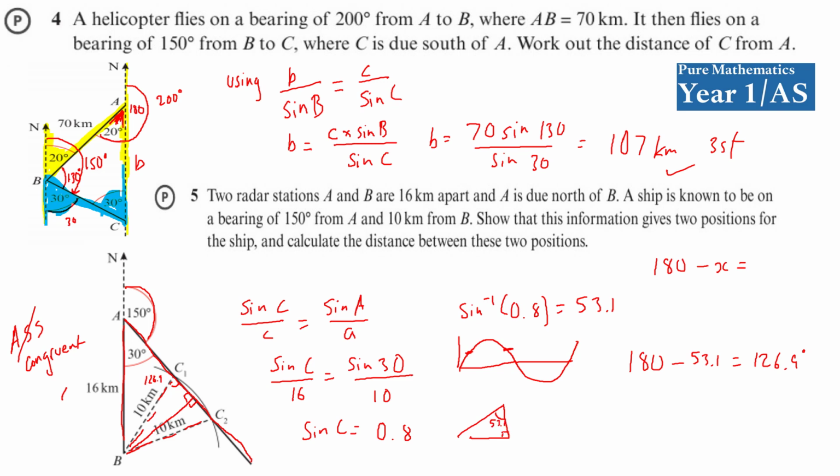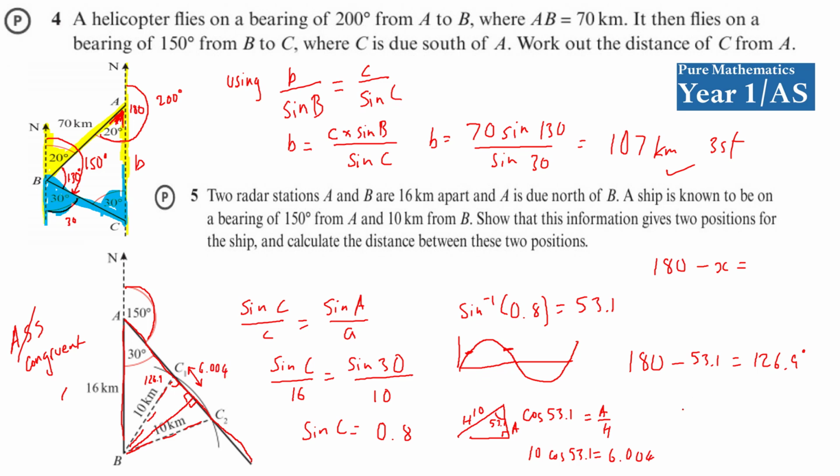So if you do cos 53.1 equals, that's h and that's a over h, we get 10 cos 53.1, which equals 6.004, and then that's half the base of that isosceles.